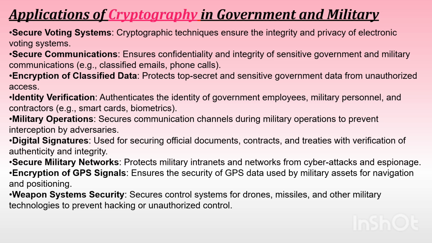It protects top secret and sensitive data from unauthorized access. Identity verification. It identifies the authentication of government employees, military persons, and contractors by smart cards and biometric processes. Military operations. It secures communication channels during military operations to prevent interception by outsiders or adversaries. Next is digital signatures.